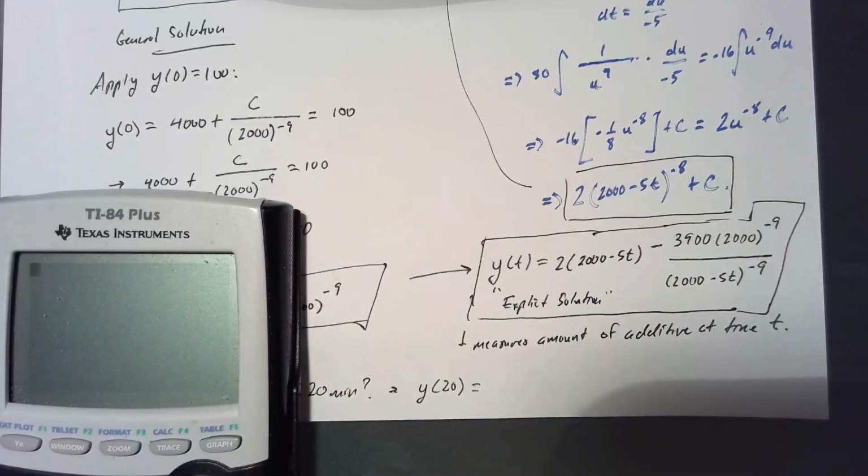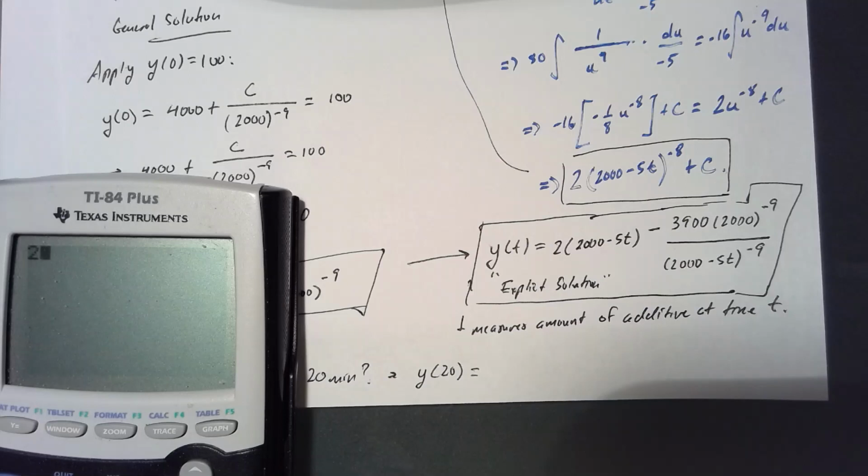I'll attempt to type it in my calculator. So I have 2 times the quantity 2,000 minus 5 times, what was it, 20? I'm putting in here, yeah, 20. So that's the first piece, minus parentheses for 3,900 times 2,000 to the negative 9th power.